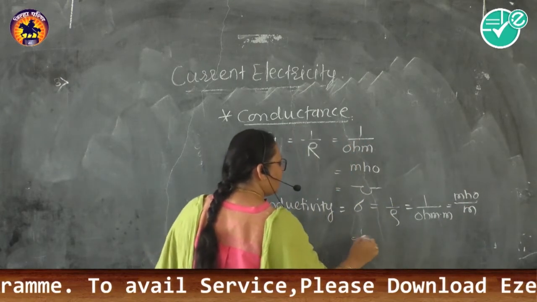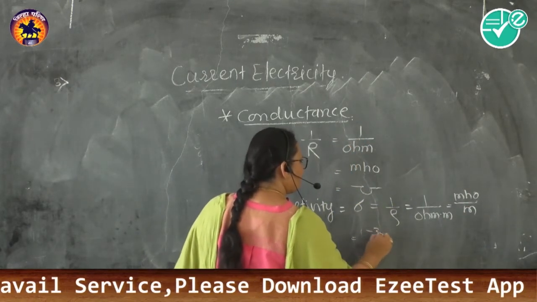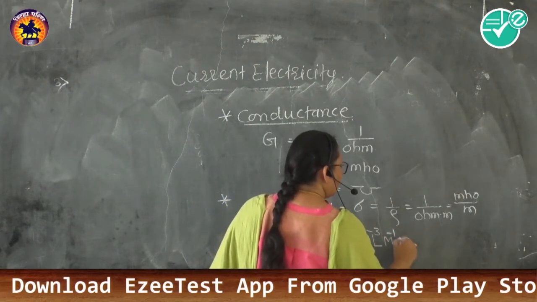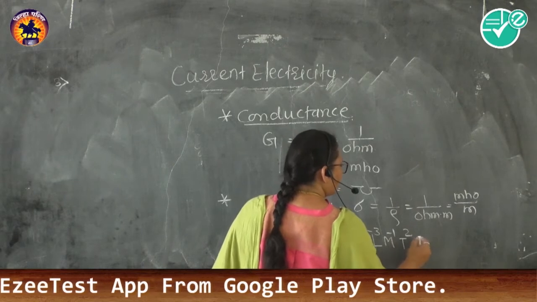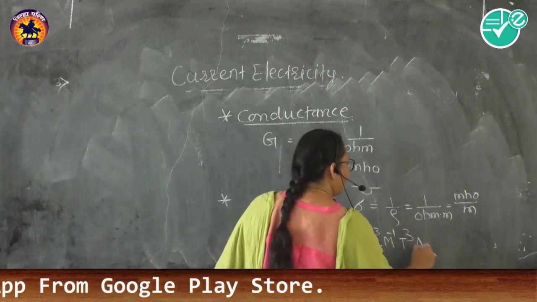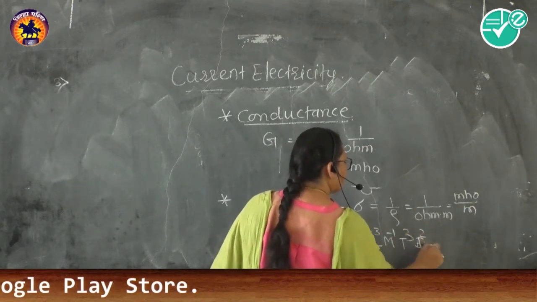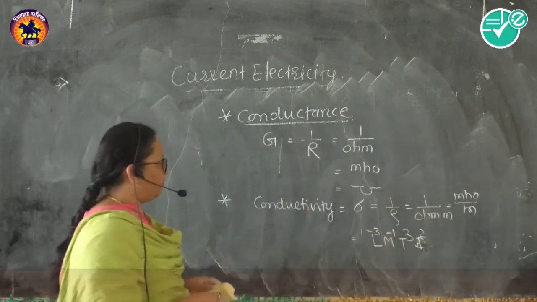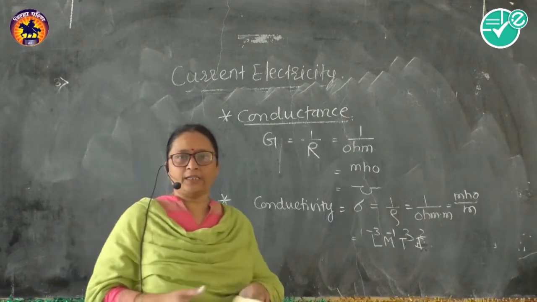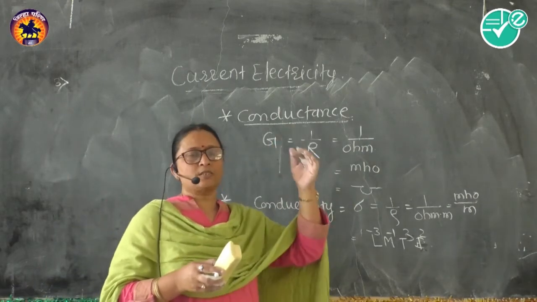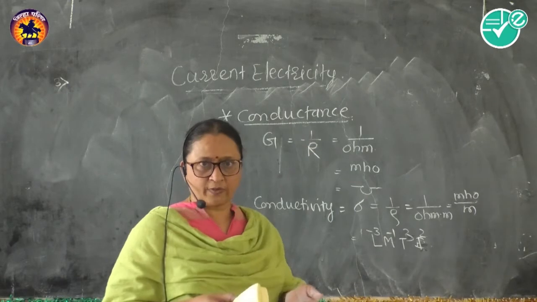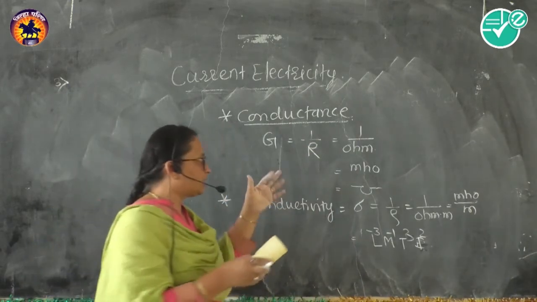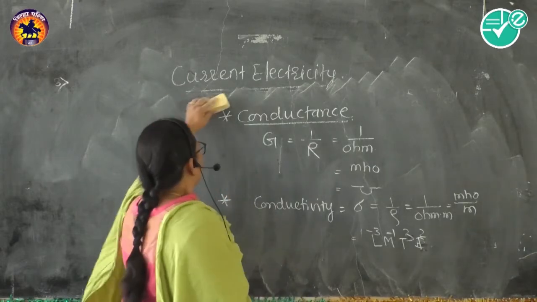And its dimensional formula is L raised to minus 3, M raised to minus 1, T raised to 3 and A raised to 2. So this is the dimensional formula for conductivity. So all these things are related with resistance, its specific resistance, and the dependence of its resistance or conductance on temperature.